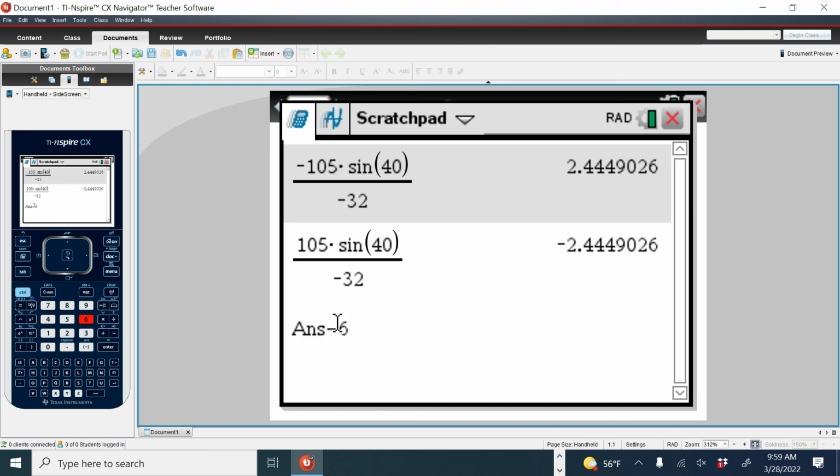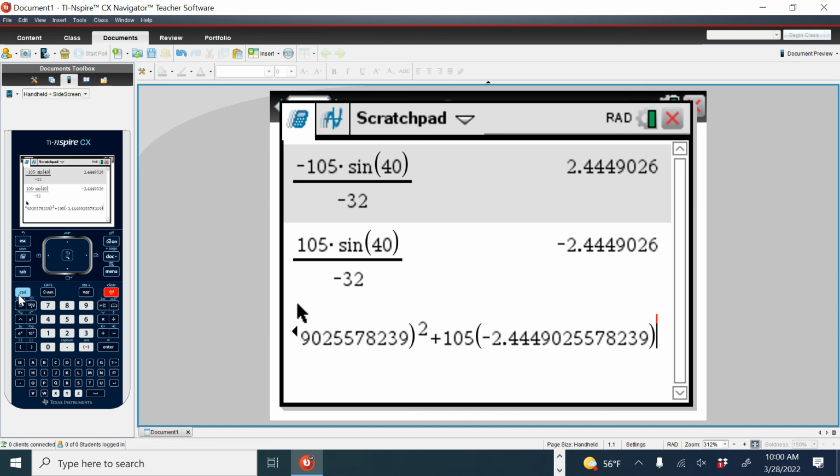Negative 16 times, and I'm going to grab this and copy it so I get my most accurate answer. Oh, look at that, even more. Squared plus the 105 times that decimal point again, sine of 40. Remember, you've got to use the trig button. It doesn't like it if you don't use the trig button. Sine of 40 plus 4.